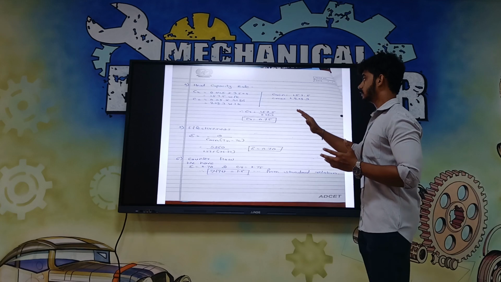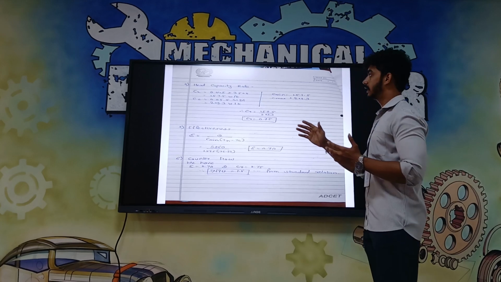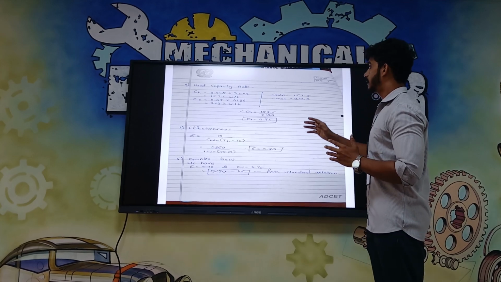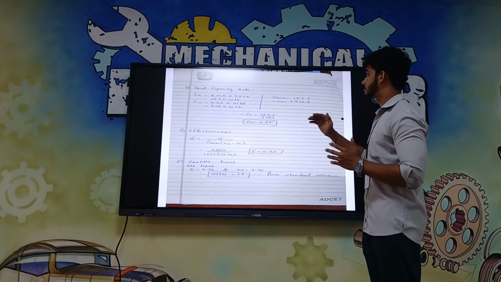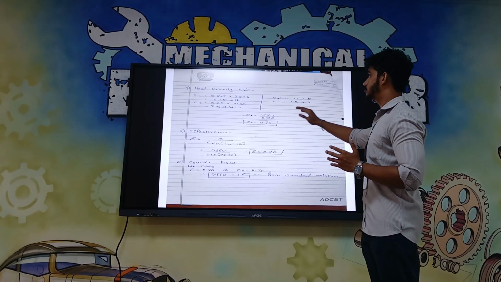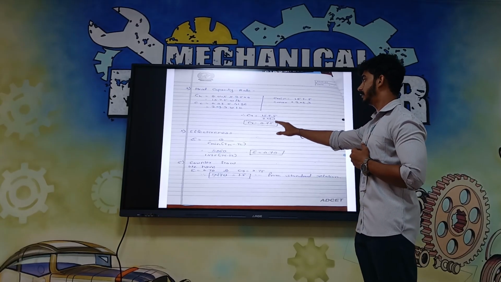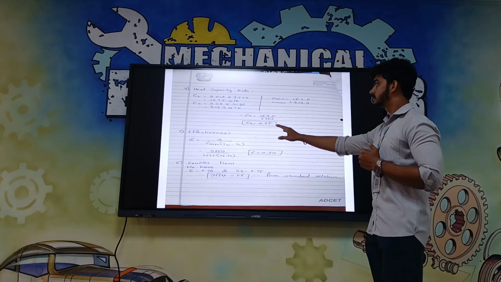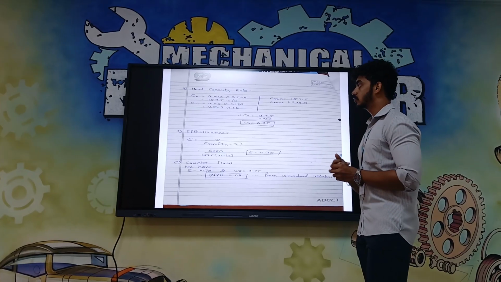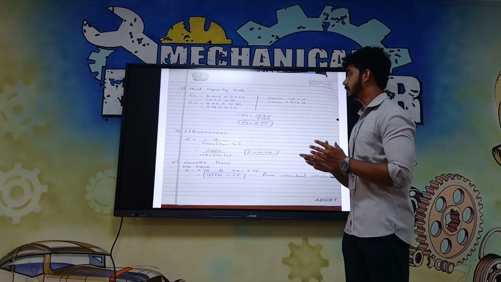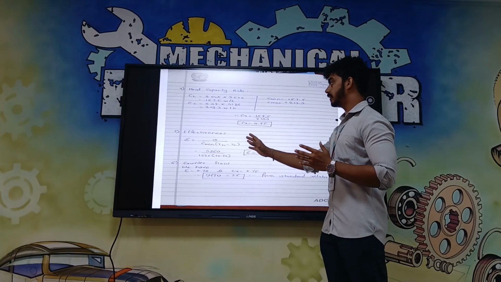The formula is CR equal to C minimum divided by C maximum, which is 157.5 divided by 209.5, which becomes 0.75.